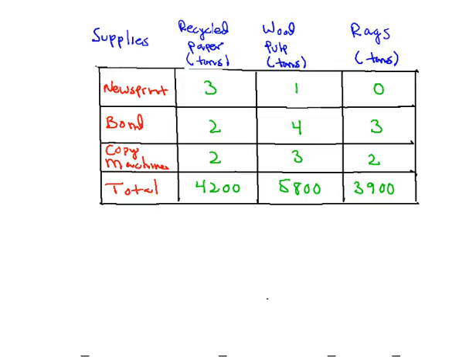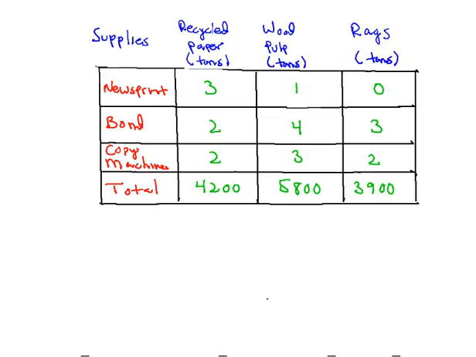Now we're told that for the newsprint it requires 3 tons of recycled paper and 1 ton of wood pulp and no tons of rags. For the bond paper it requires 2 tons of recycled paper, 4 tons of wood pulp, and 3 tons of rags.